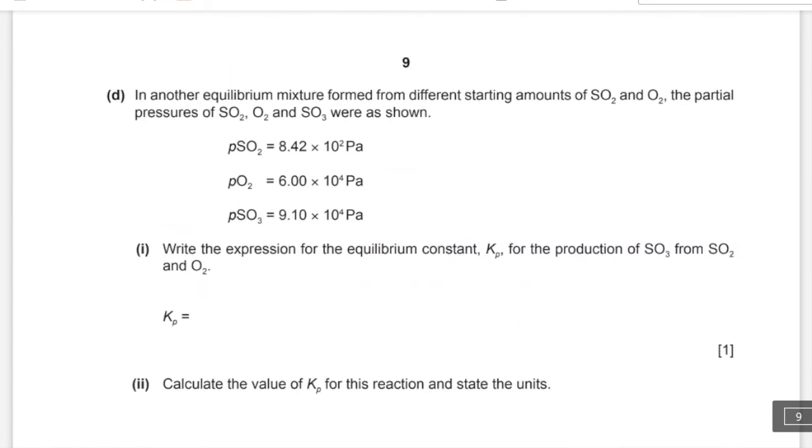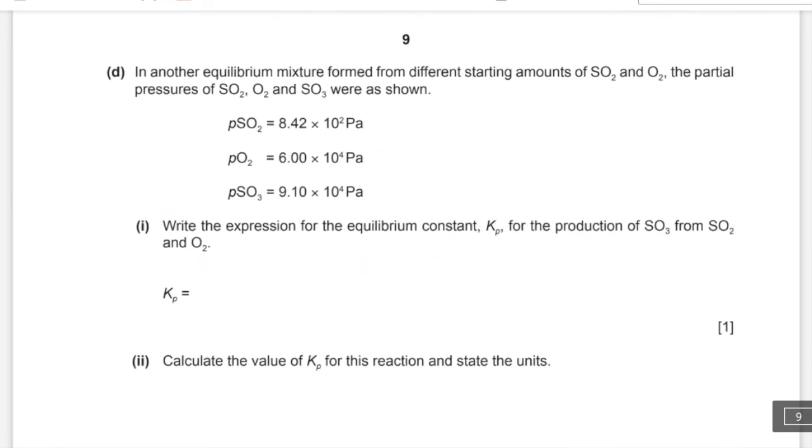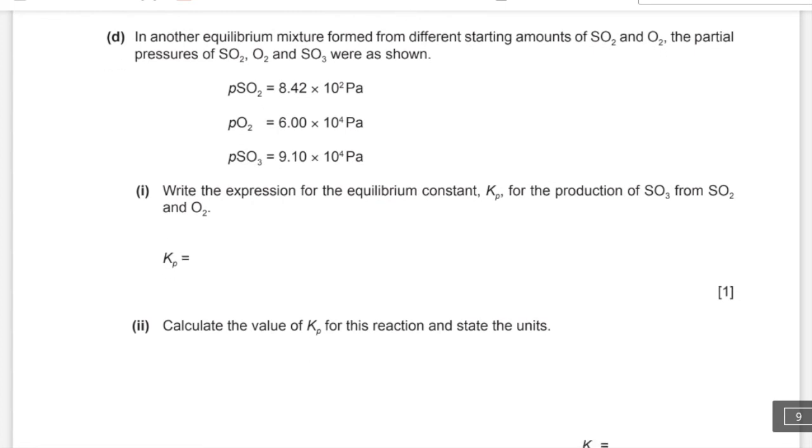In another equilibrium mixture formed from different starting amounts of sulfur dioxide and oxygen, the partial pressures of sulfur dioxide, oxygen, and sulfur trioxide are shown. Right, the expression for the equilibrium constant for the production of sulfur trioxide from sulfur dioxide and oxygen.